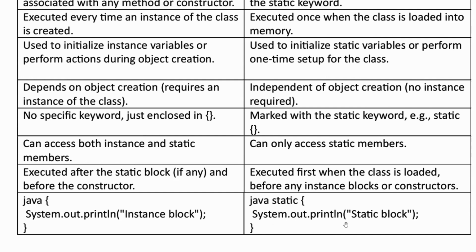Here you can see that in the instance block no specific keyword is used to create it. Simply you can see that there are curly braces. And in the static block you can see a specific keyword, static, is used to create the static block.